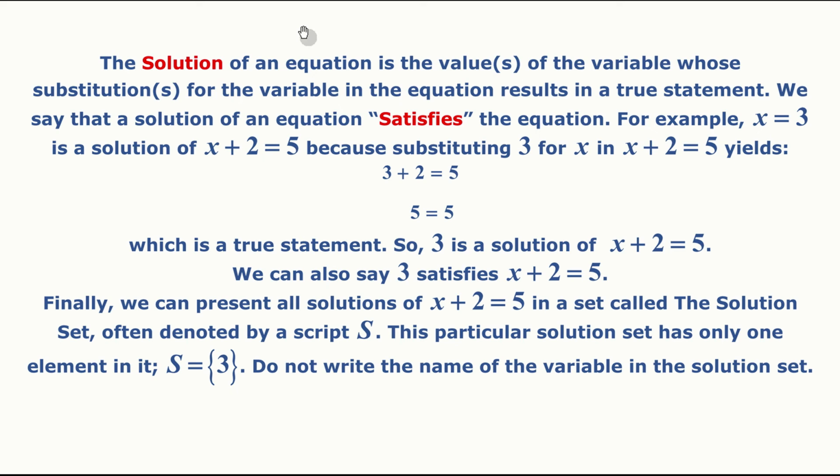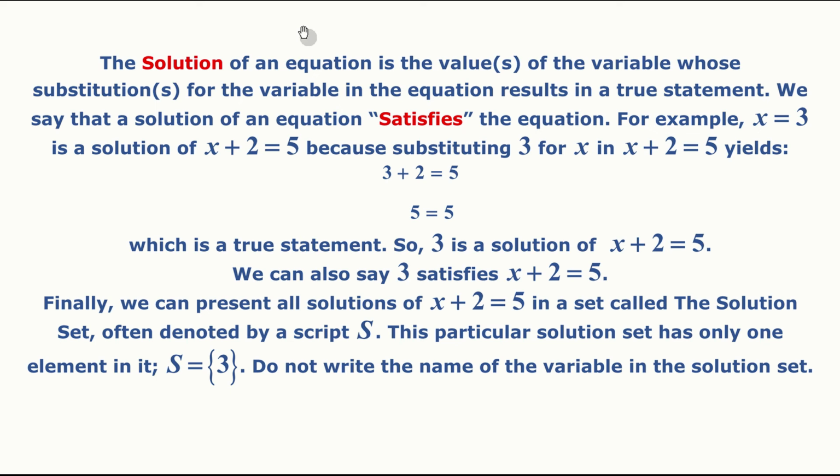For example, x equals 3 is a solution of x plus 2 equals 5, because substituting 3 for x in x plus 2 equals 5 yields 3 plus 2 equals 5, or 5 equals 5, which is a true statement. So 3 is a solution of x plus 2 equals 5. We can also say that 3 satisfies x plus 2 equals 5.